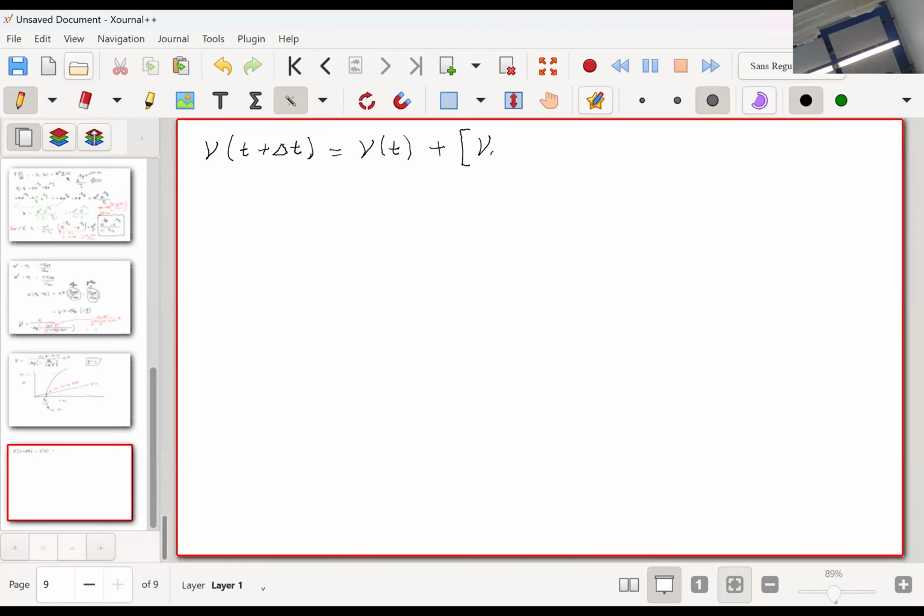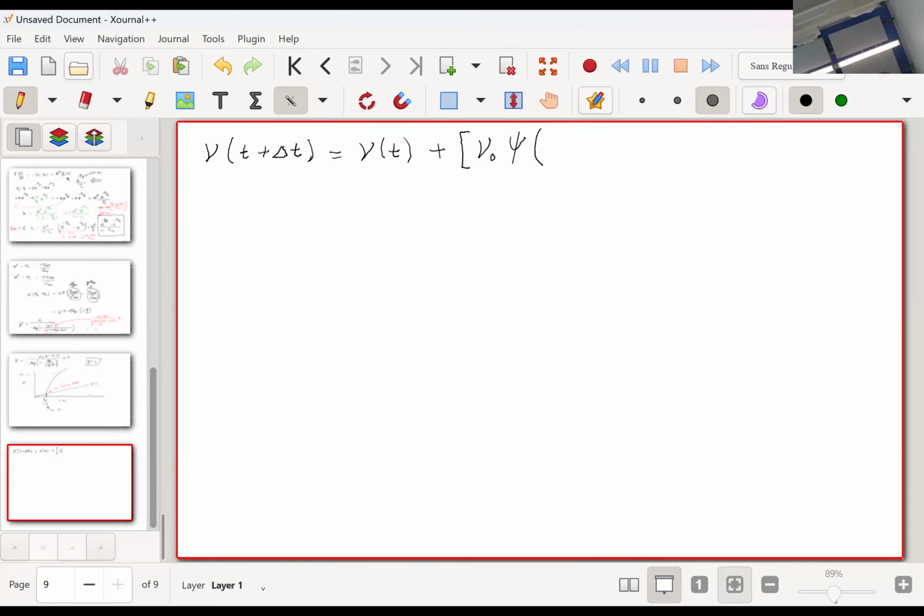So nu 0 psi of our firing rate, which we write as nu 0 psi of w 1 minus g nu, to be consistent with what we were doing earlier, minus nu. So this is actually, in some sense, introducing a new concept of dynamics with some kind of delay.